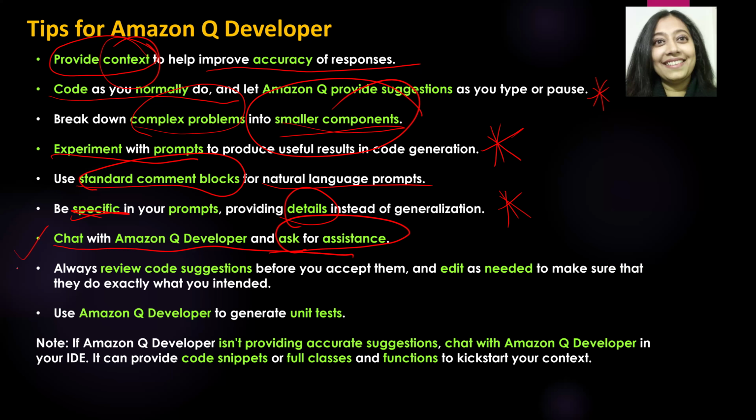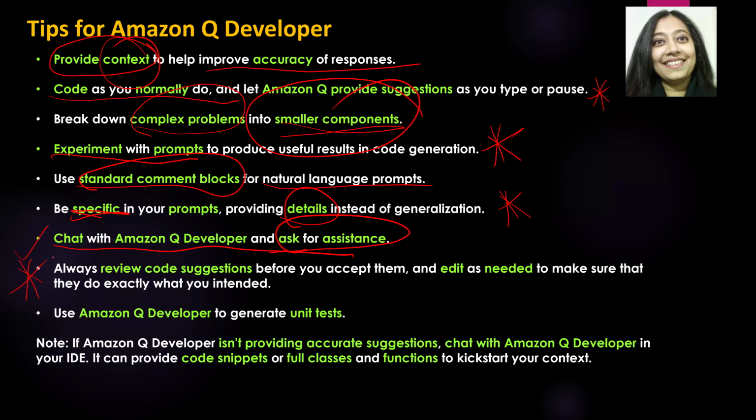This is another important one. A lot of people, once Q generates the code, simply add that to their class, or to their project or to their function, wherever it is. Review that code suggestion. Remember, again, you are still the driver. Consider Q as your assistant, or like a junior developer who's written code.